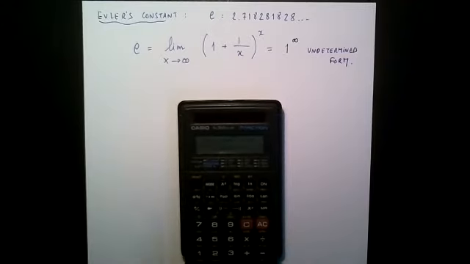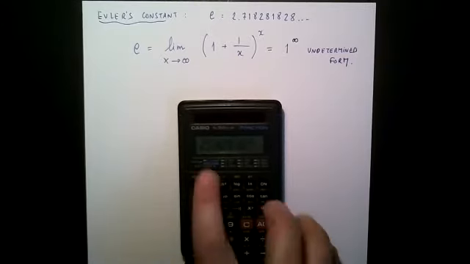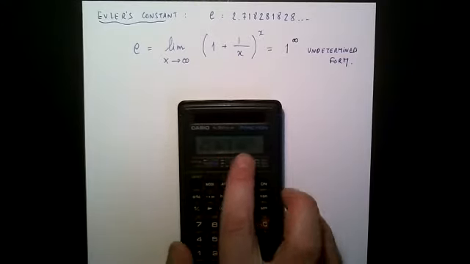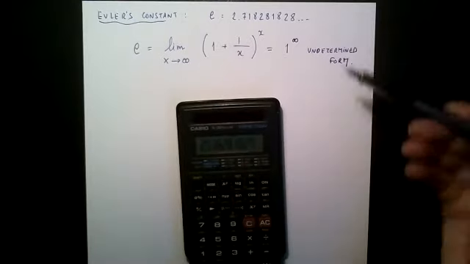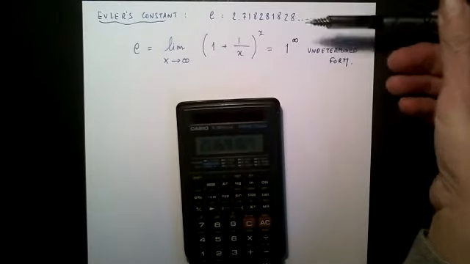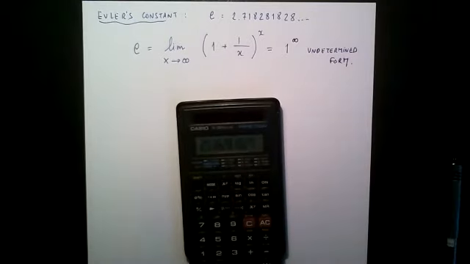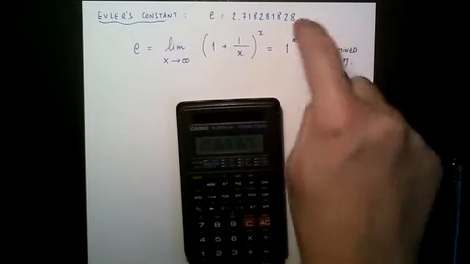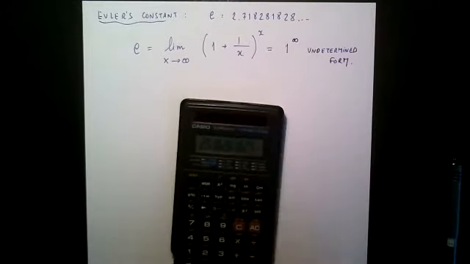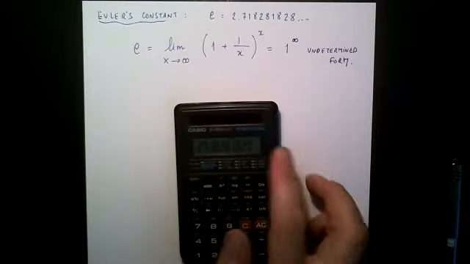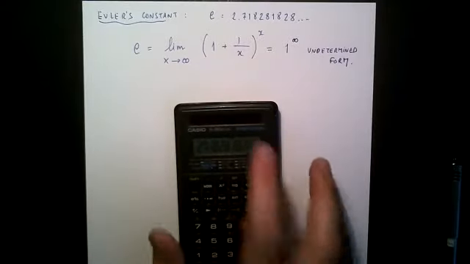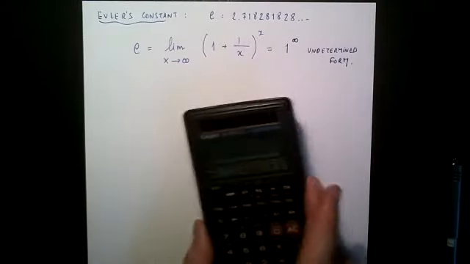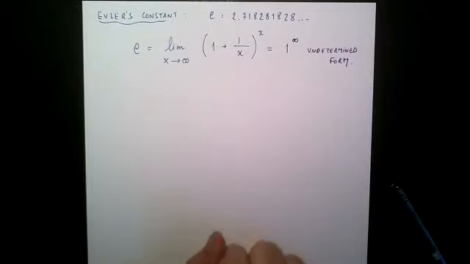I get, there you go, 2.718281827. And well, the real one has an 8 here, and of course it keeps going forever. It's an irrational number, just like pi and the square root of 2. Okay, any questions so far?